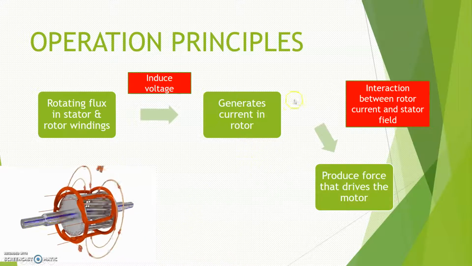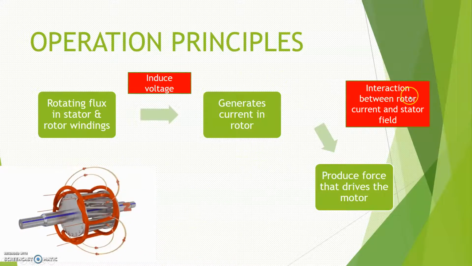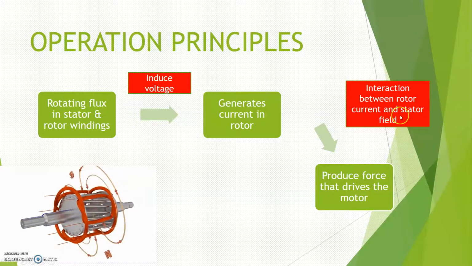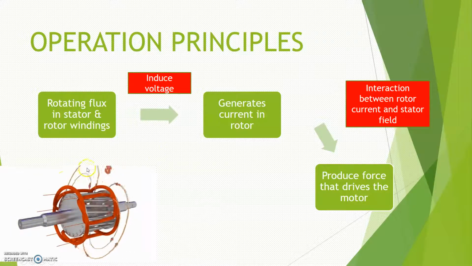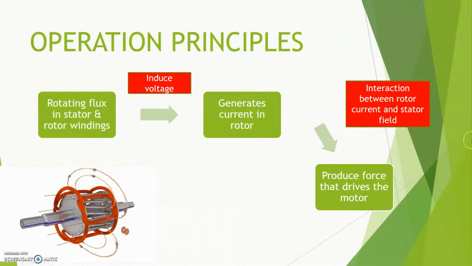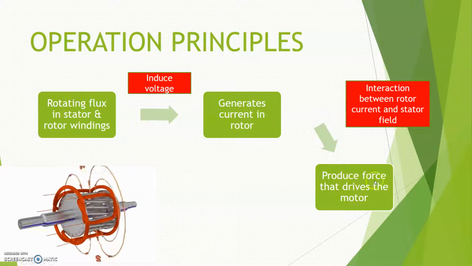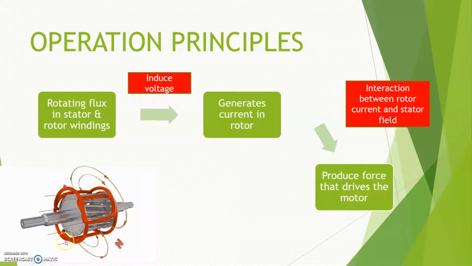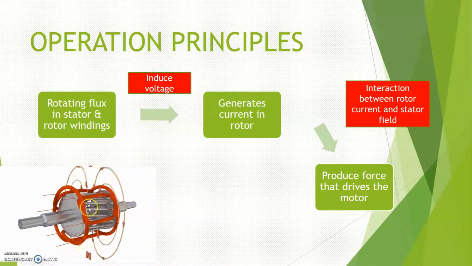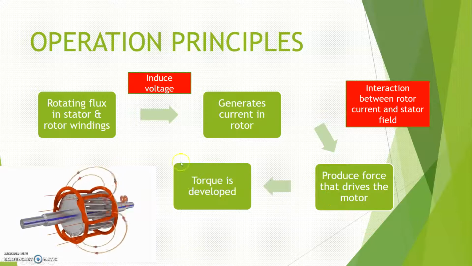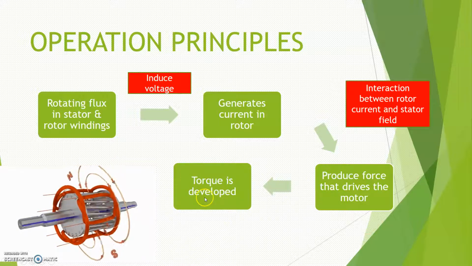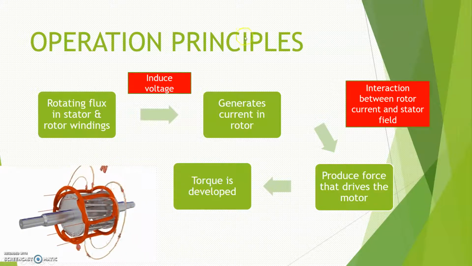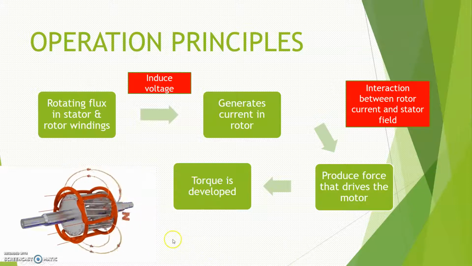The interaction between the rotor current and the stator field, the rotating magnetic field, causes the force that drives the motor. That's why you can see the movement of the rotor, and finally the torque is developed. This is how the induction machine works.